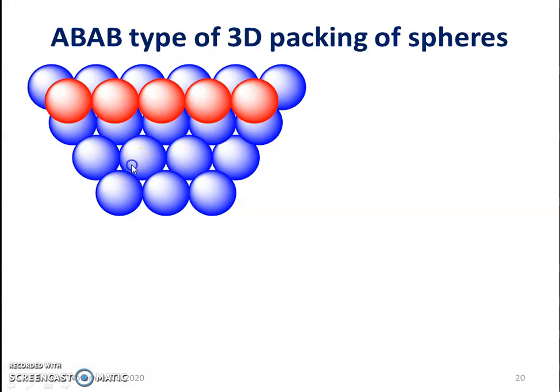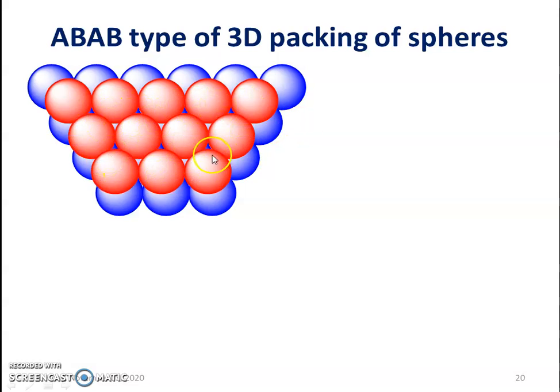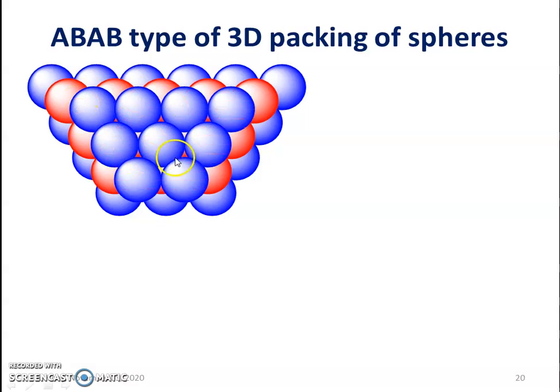So this is one layer. In this way, the spheres highlighted with blue color are from the A layer, and the spheres highlighted with red color are from the B layer. Now again consider the next sphere, it belongs to the A type. So these are the spheres of the A layer.